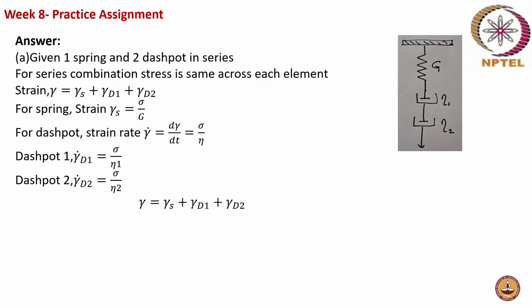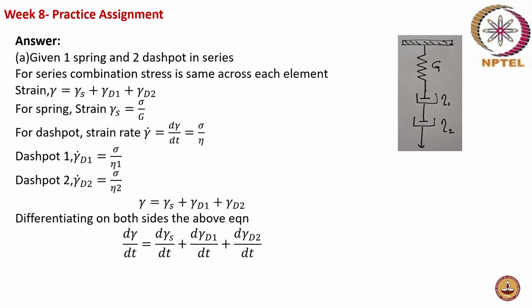We also know that the total strain is equal to the summation of individual strains. So gamma is equal to gamma s plus gamma d1 plus gamma d2. We can just differentiate on both sides.